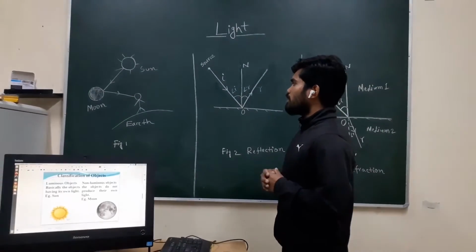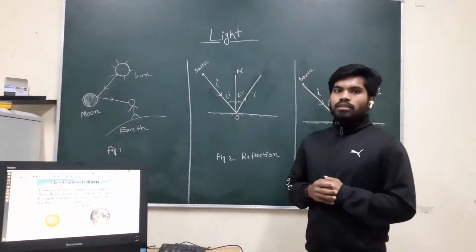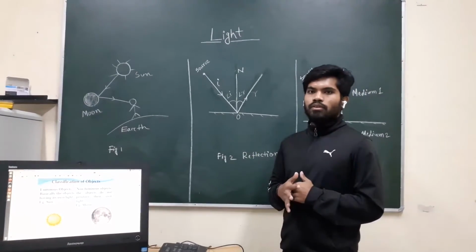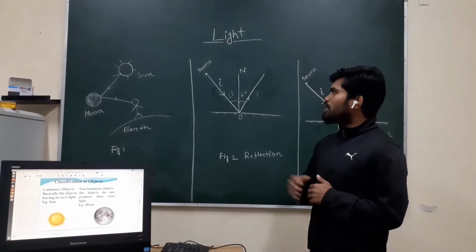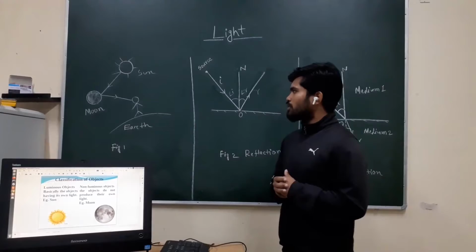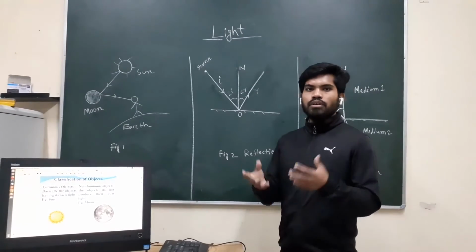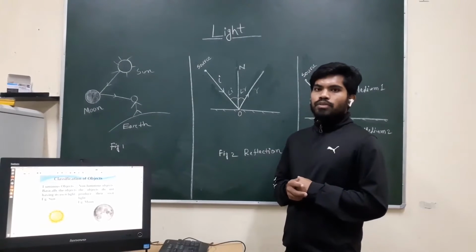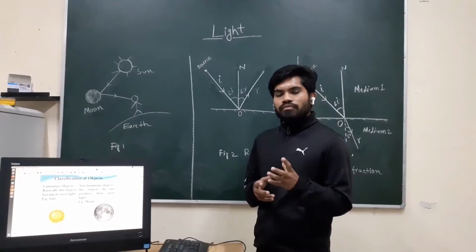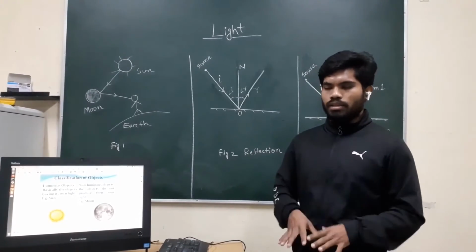When that reflected ray enters the human eye, at that time the moon is visible to humans. The meaning of this figure is that with the phenomenon of reflection of light, non-luminous objects are visible to us.